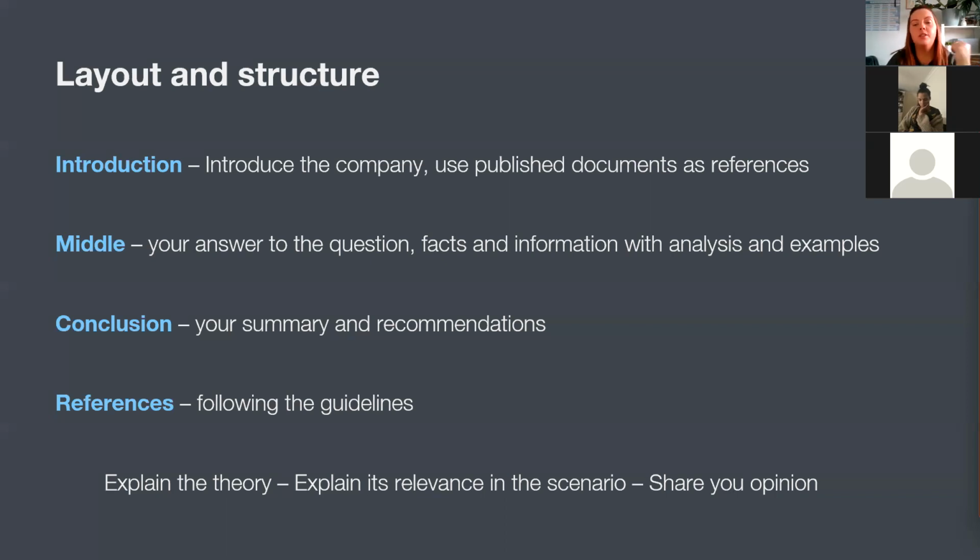And then moving on to the middle. So the middle, or the analysis section, this is really the main chunk of your coursework. Okay, so this is going to contain all the facts, all the information, all of your analysis, and all of your examples.